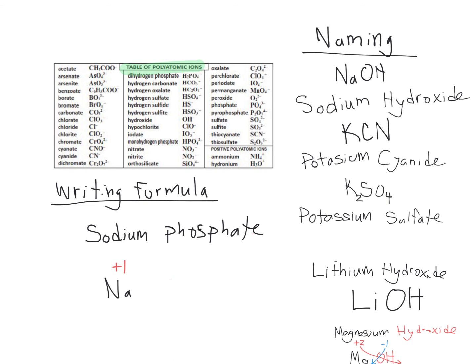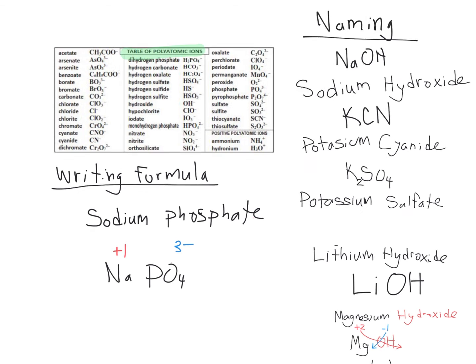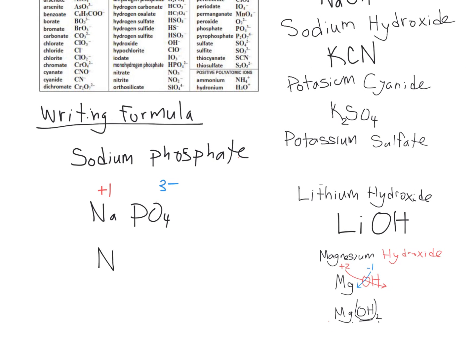So that's PO4 with a charge of 3-. Then we're going to do a little swapsies with my charges in order to balance that out. So we will have 3 sodium ions and 1 phosphate ion. And that's our final answer.